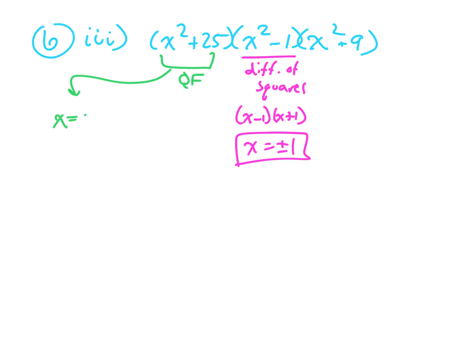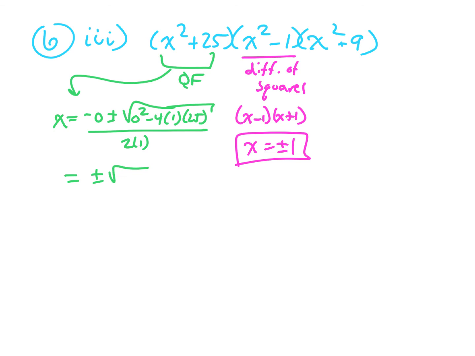B is 0, so opposite of 0, plus or minus 0 squared minus 4ac all over 2a, which is 1. So plus or minus, I'm going to get negative 100 all over 2. So notice that when b is 0, I have some nice stuff happening here. So this is going to be 10i. And see that other example that I did with the 36?